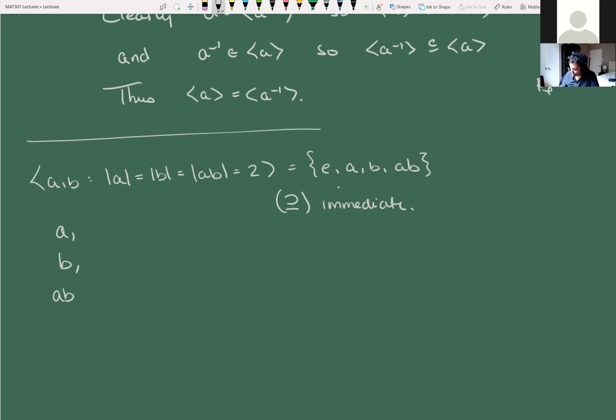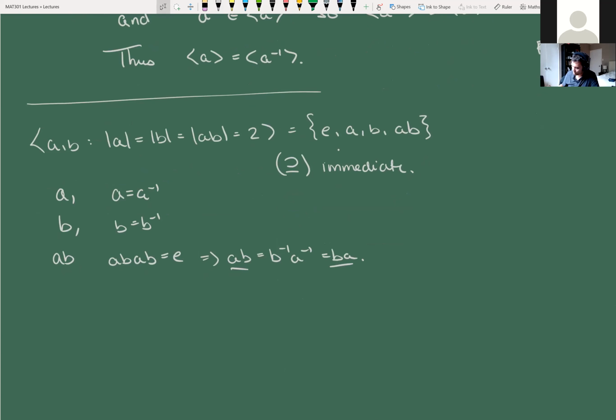All right, what's interesting? We know that A is equal to A inverse, we know that B is equal to B inverse, and we know that AB squared is equal to the identity. So in particular, that means that AB is equal to B inverse A inverse, which is equal to BA, okay? So A and B also commute with each other. And so now what sort of words are we going to get? ABA is a word.